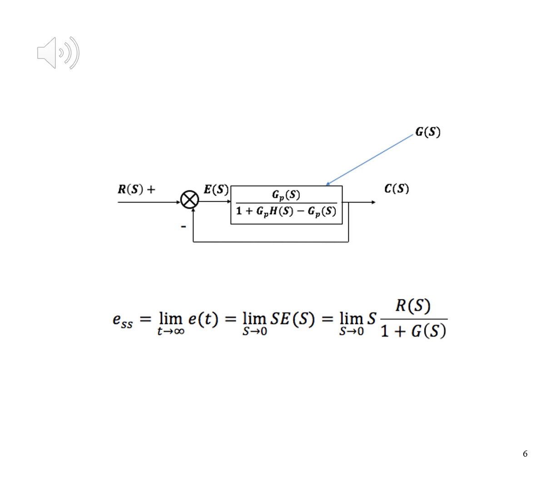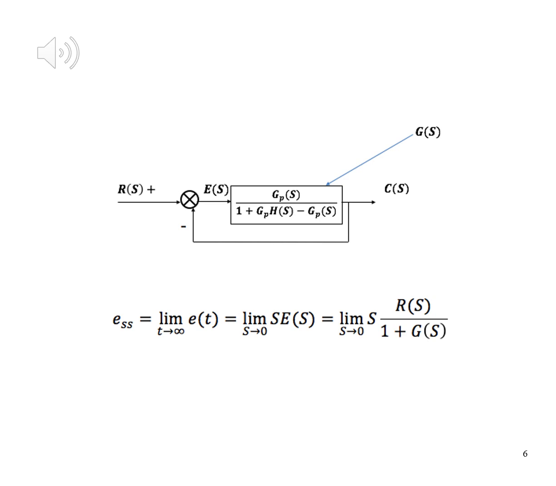Now, what is E of S? The same rule applies. It is the input, R of S, over 1 plus the loop. The loop is what here? It's G of S times 1, which is G of S. So if we assume that this system is stable, therefore we can apply the final value theorem, which gives E steady state, the final value of the error.